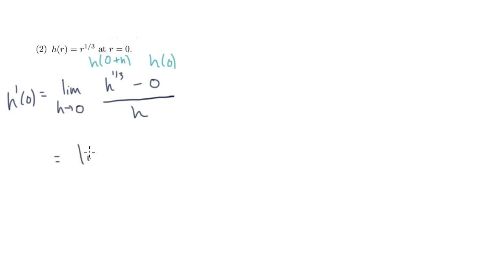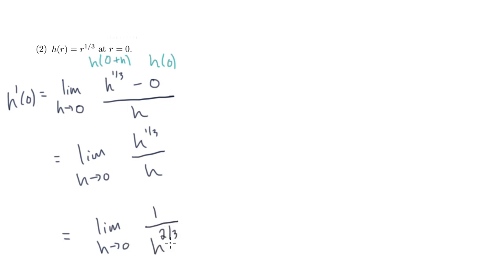So this is really the limit as h goes to 0 of h to the 1/3 over h. And very similarly to the last example, we can rewrite this as 1 over h to the 2/3 in this case.